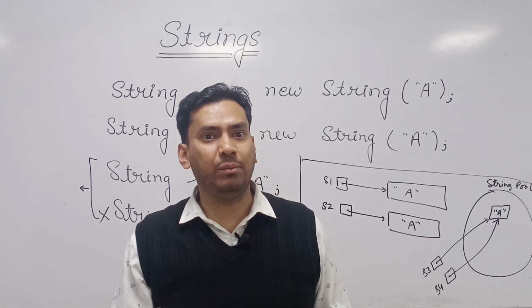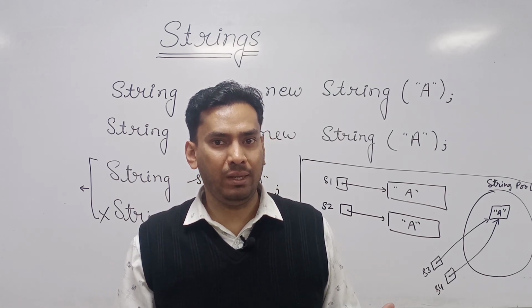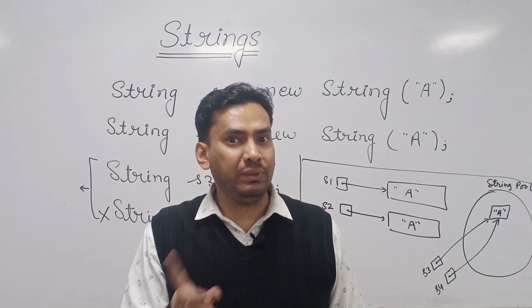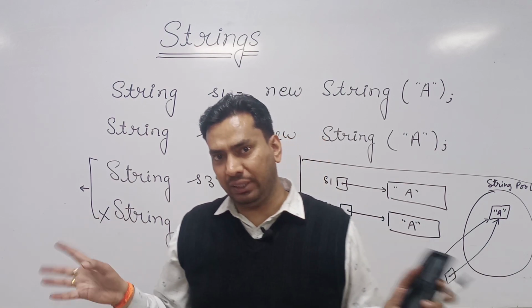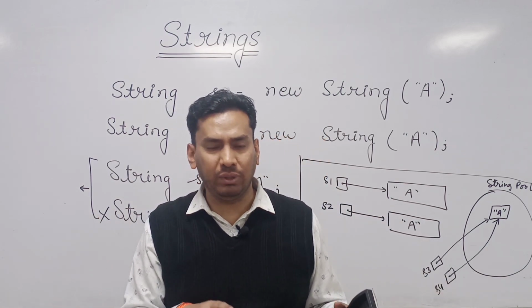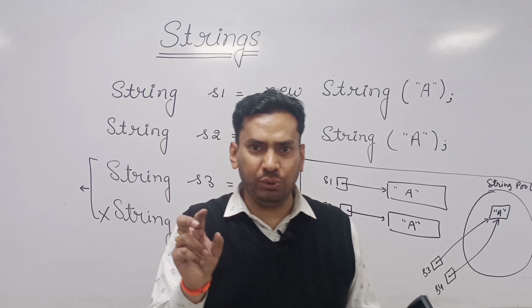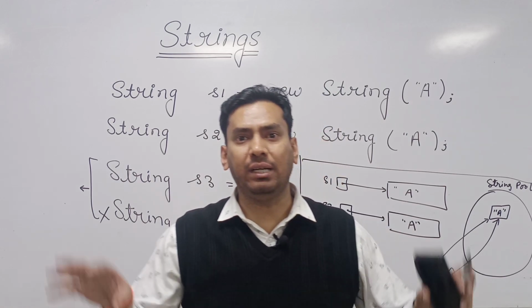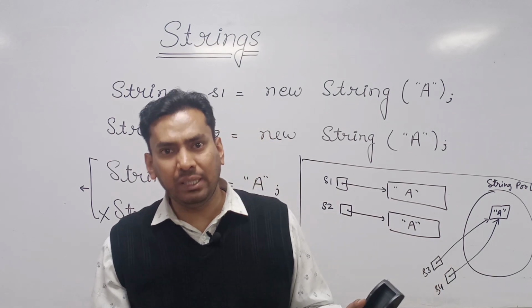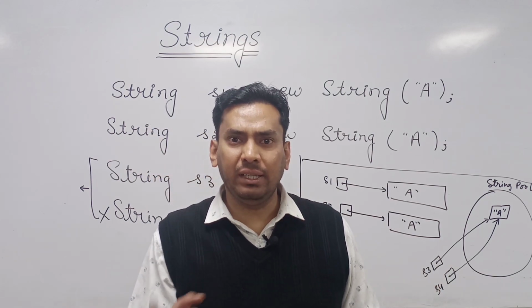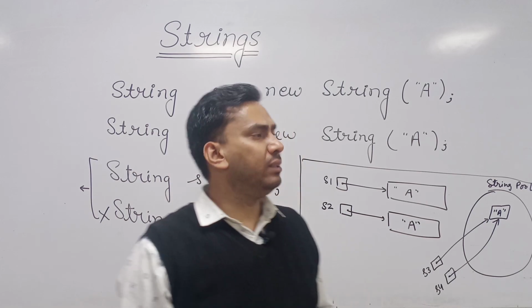Double equal to will compare the addresses. To compare the content, we have the equals method. Contents of string objects are compared using the equals method, and the double equal to comparison operator compares their addresses. If two addresses are the same, it means the two objects are the same and it returns true, otherwise it returns false.